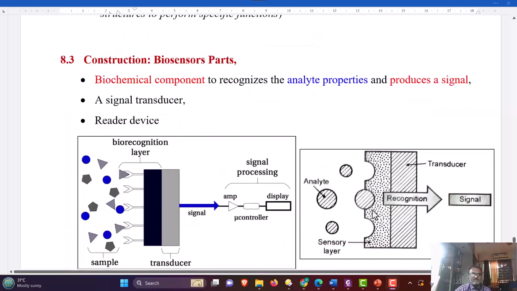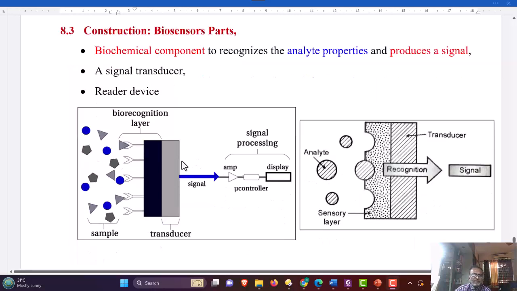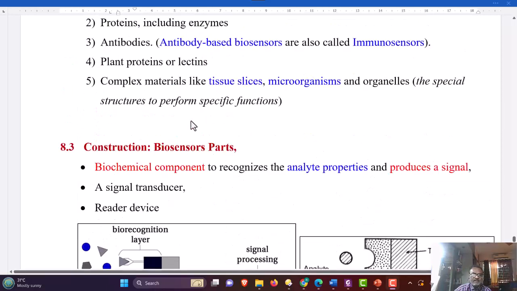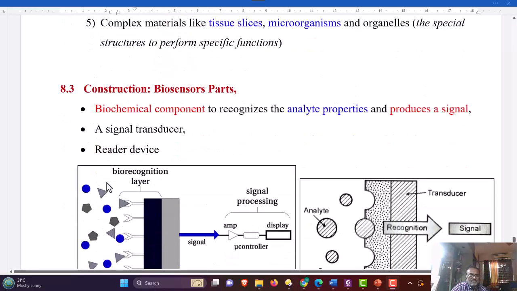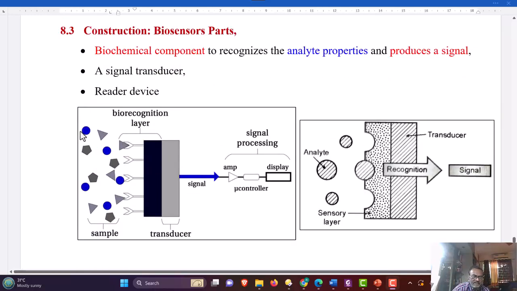A typical construction and the parts of a biosensor are shown here. The biosensor consists of a transducer which detects the signal generated by the biorecognition layer. These biorecognition layer elements are shown here as biosensor elements. The chemical reaction takes place here. If you see, the various forms of sample molecules are shown by different shapes.